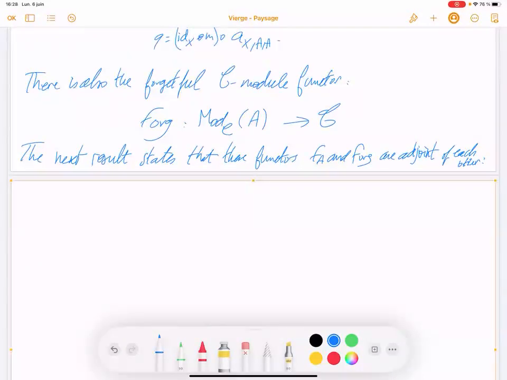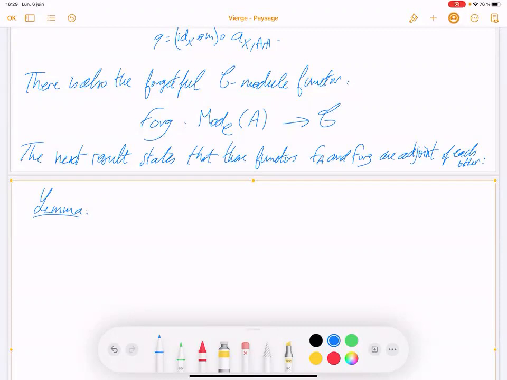So we have a natural isomorphism. These two functors are adjoint, meaning the existence of a natural isomorphism between two other functors involving Hom spaces.